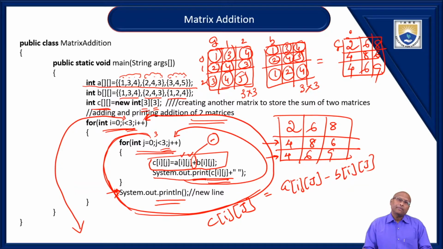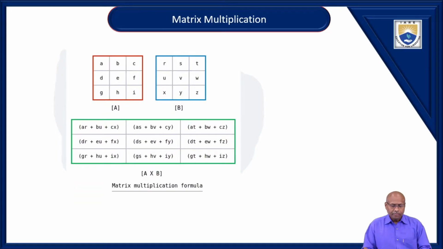So now we'll go for the next program, that is matrix multiplication. For matrix multiplication, there are some constraints. You must know that also. Assume there is a matrix A with m rows, n columns.